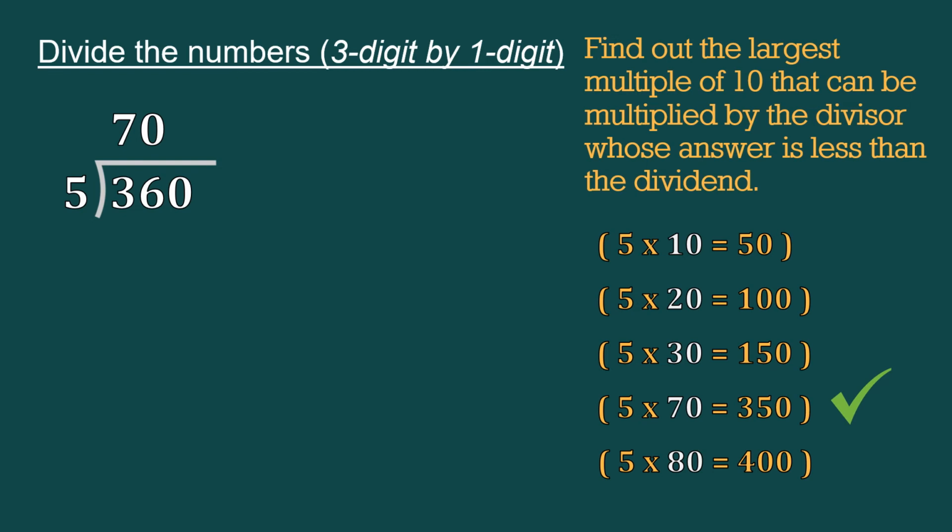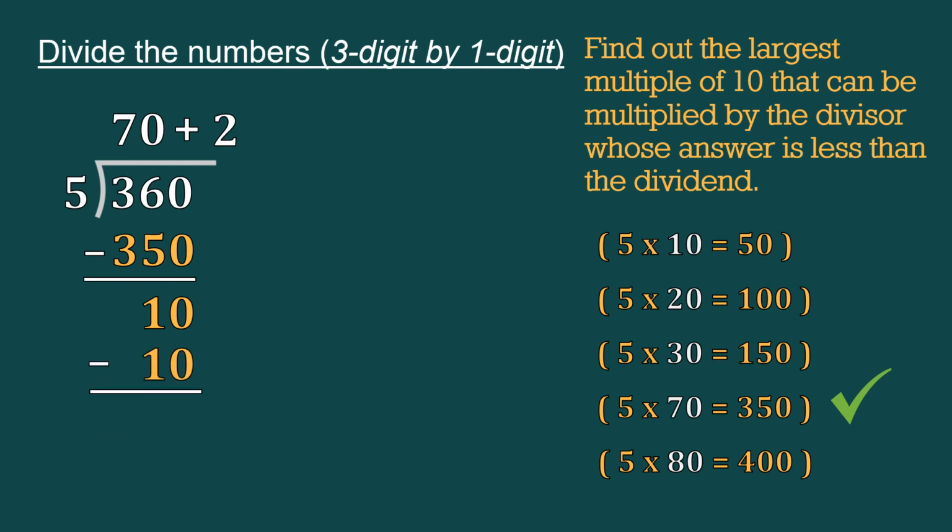We subtract 350 from 360. We get 10. We divide 10 by our divisor 5 and we get 2 as another partial quotient. We get the product of 2 and 5 and subtract the result from 10.